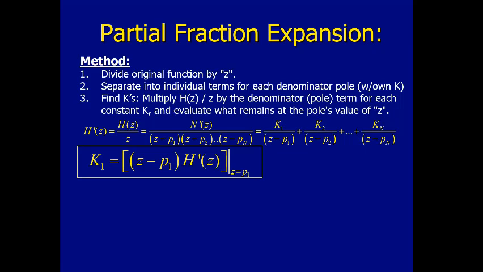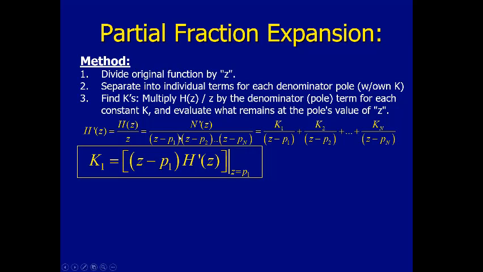Then it's just a job of finding those unknown coefficients, and we can do that by the same kind of expression we had with Laplace transforms as well. We'll take the function we're trying to partial fraction expand, and for each coefficient, we'll multiply that function by the denominator pole term that goes with that coefficient.